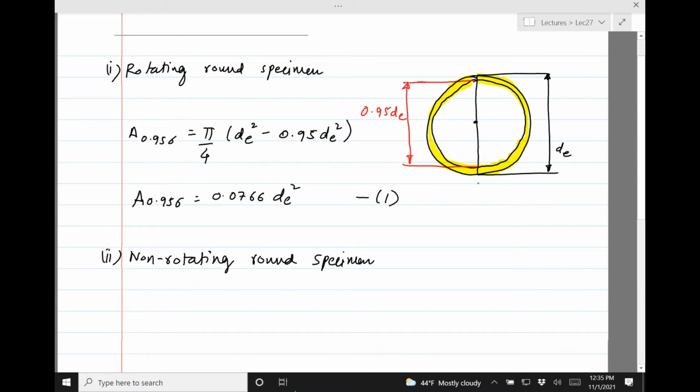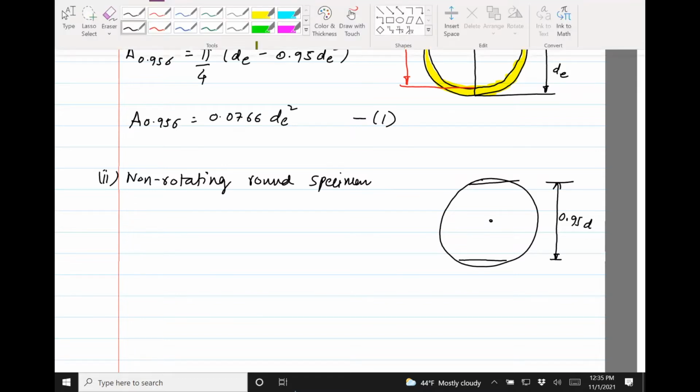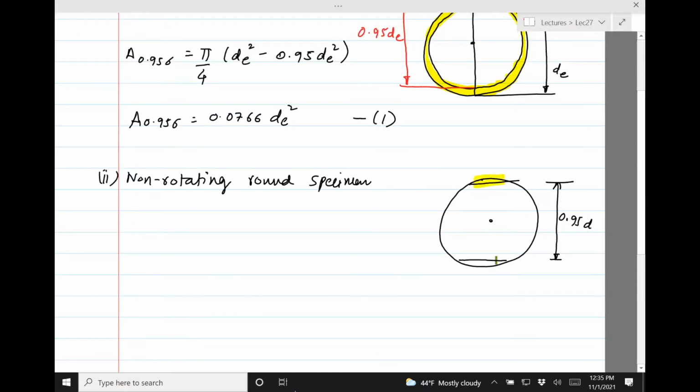So here, what they do is they take 0.95D, and the area outside this, so this area in yellow, is the one which they use to find the 0.95 sigma. So you can actually compute that by doing a little bit of math, right? It's the distance between those two parallel chords, and given that, you can find that area.